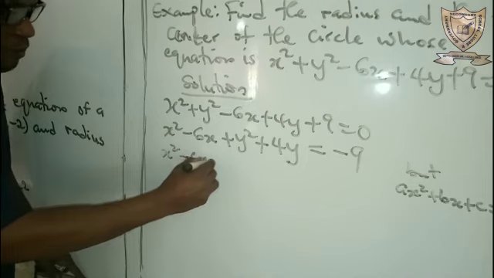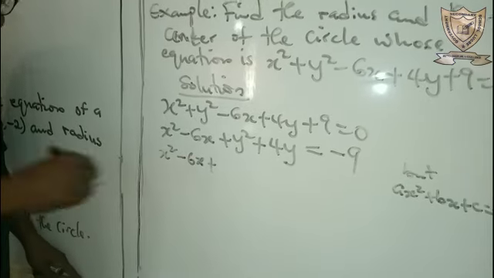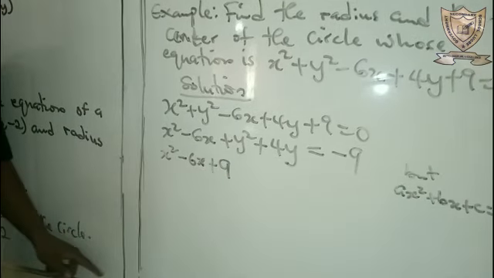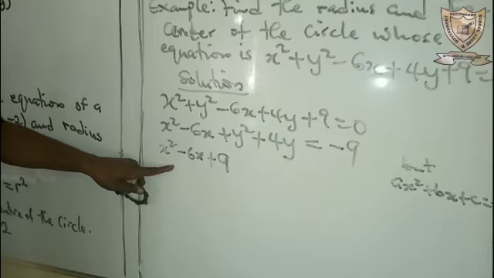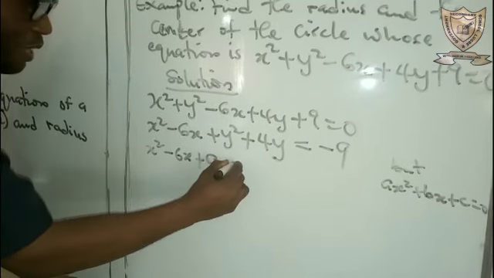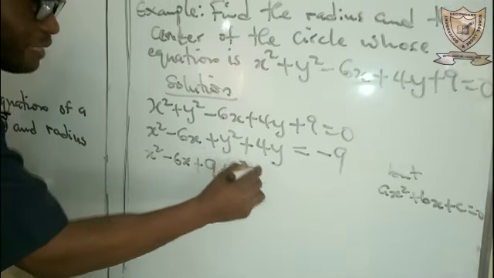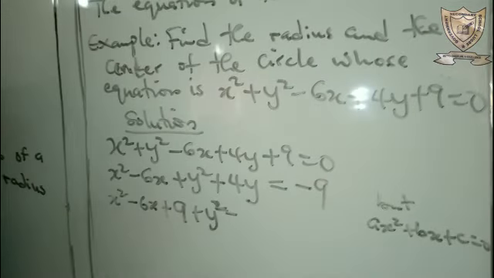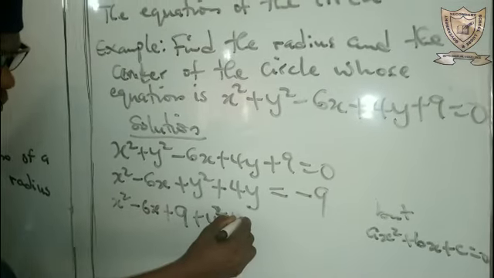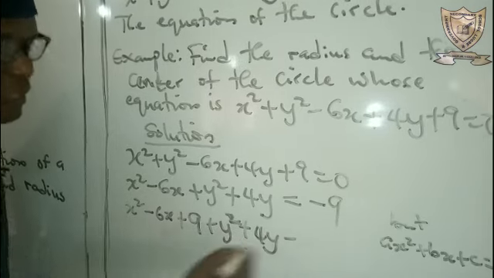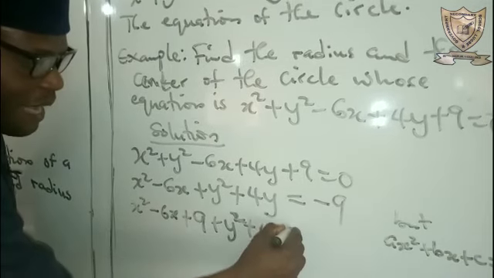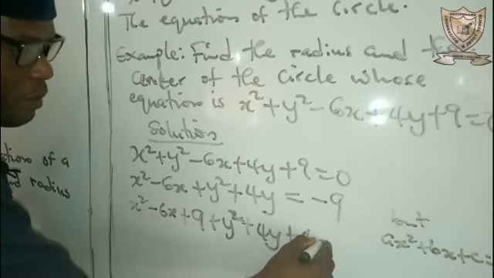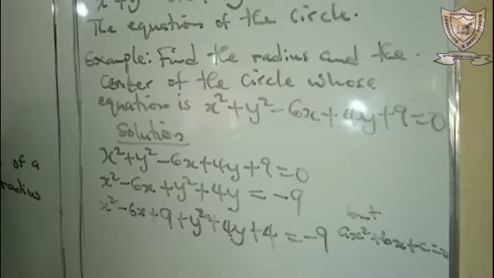Then square it, it gives us 9, and you add it. That gives us the completing the square method. Then we go to the y squared: you divide the coefficient of y, which is 4, by 2, square it, and add it, that is 4, equals minus 9.